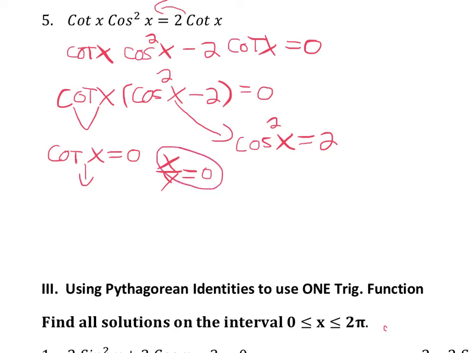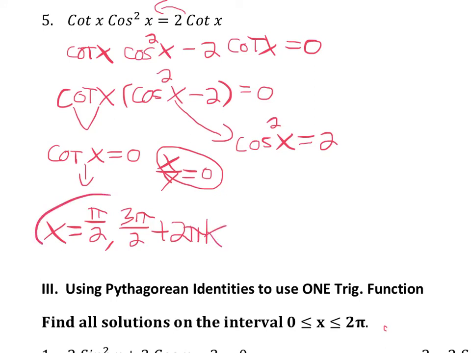Because if y was 0, it would be undefined, it wouldn't be 0. So all the x values that are 0 in the unit circle are pi over 2 and 3 pi over 2. So put pi over 2, 3 pi over 2, and since we're solving for all solutions, plus 2 pi k.